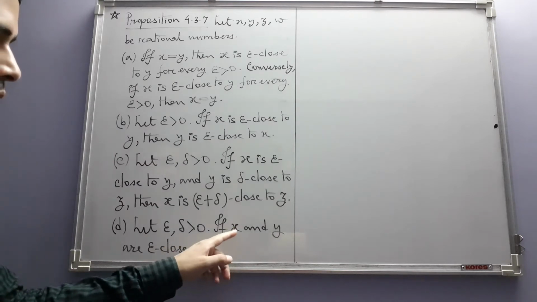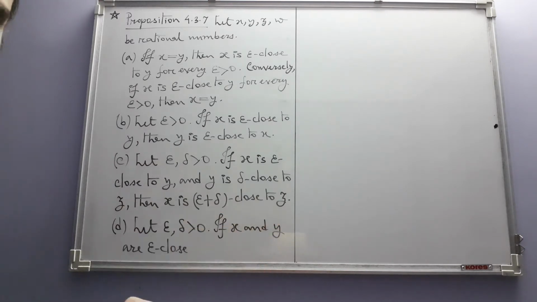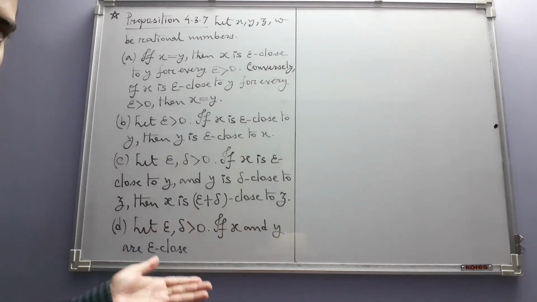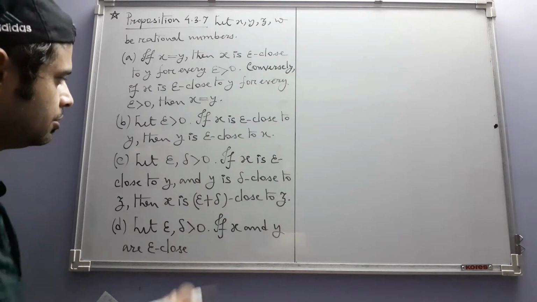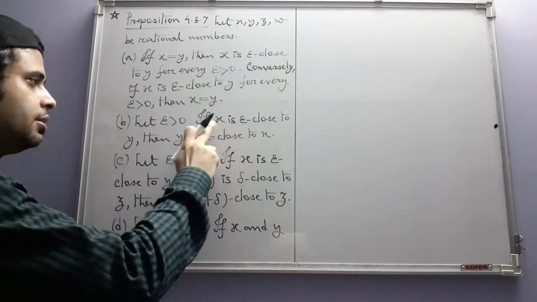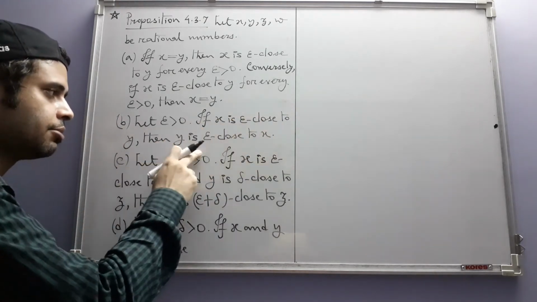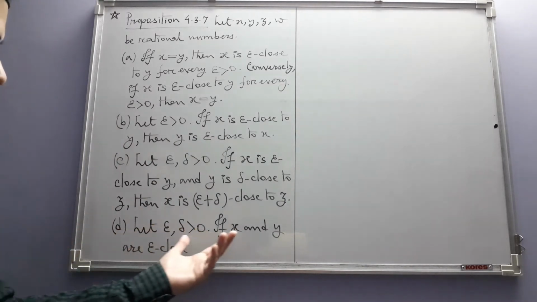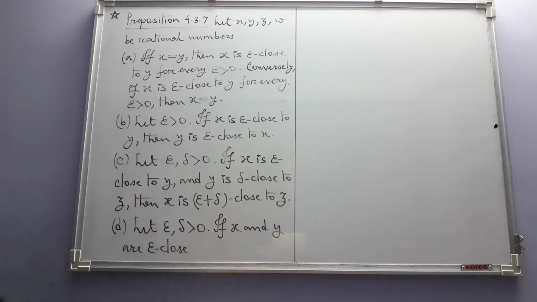We are no longer saying x is epsilon close to y, but we are saying x and y are epsilon close. Do they mean the same thing? Yes, they do, because in part B you see that if x is epsilon close to y, then y is also epsilon close to x, which means that you can simply write that they are epsilon close.